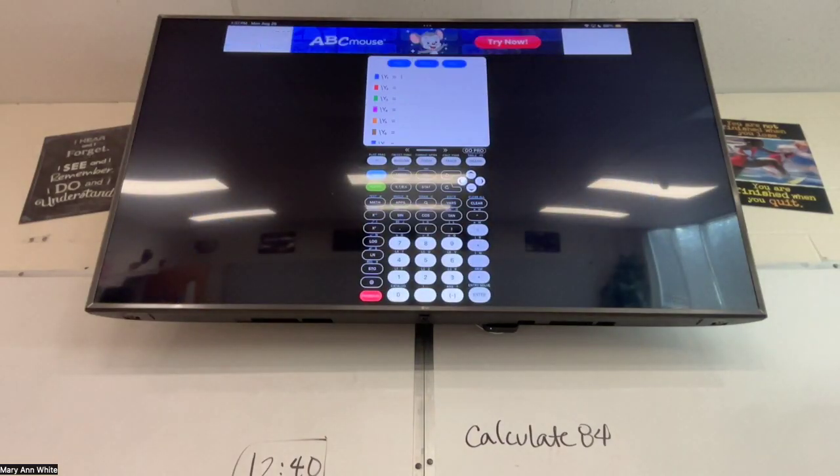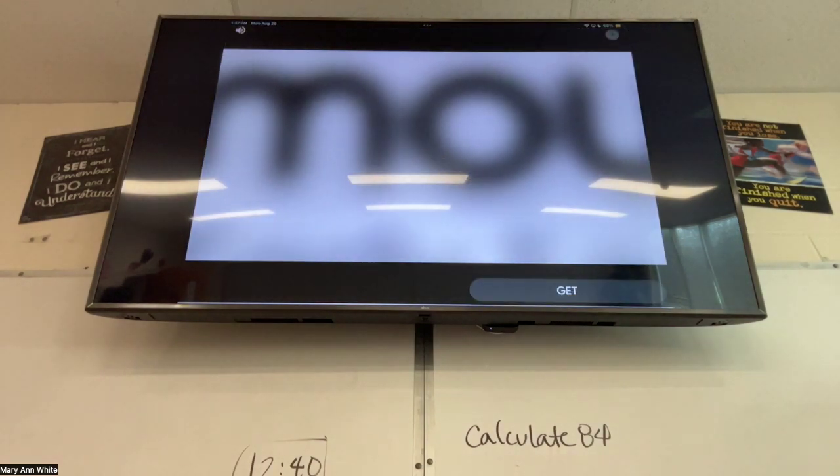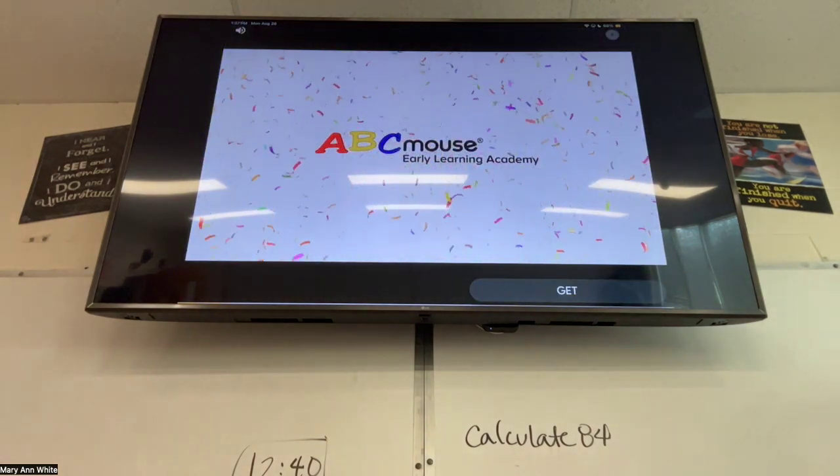Okay, let's see. X squared minus 4x minus 1. I'll be quiet. You find your zeros. You label your little sketch and do your interval notation.